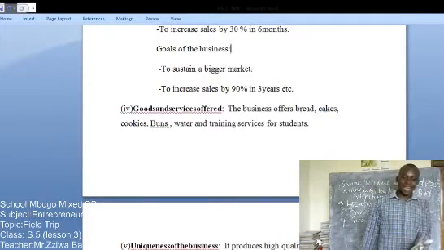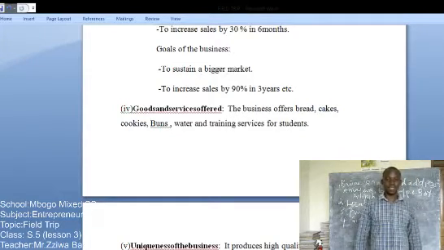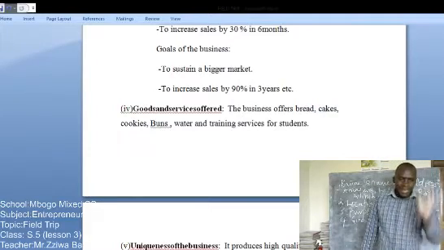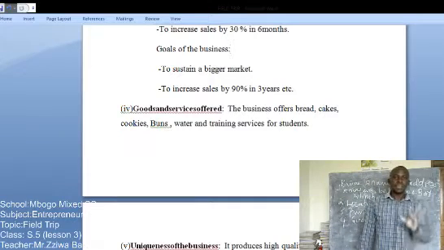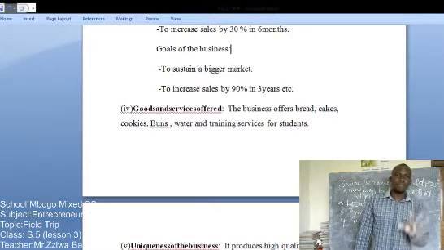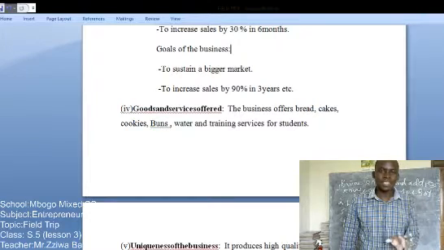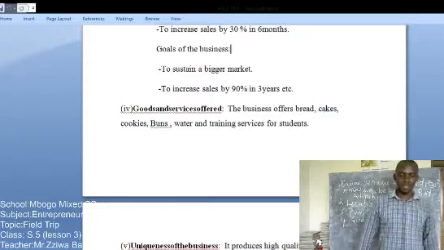Since it is a bakery, that is what is offered at that business. The moment you give out the bread, cakes, cookies, buns, and others, you are becoming much more practical and giving the evidence that is yearned for in paper 3 entrepreneurship education.